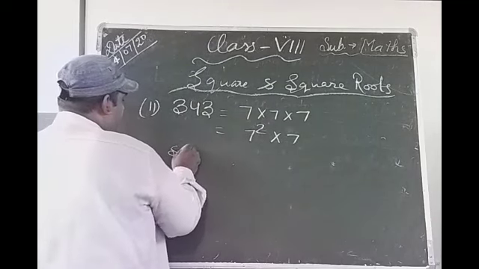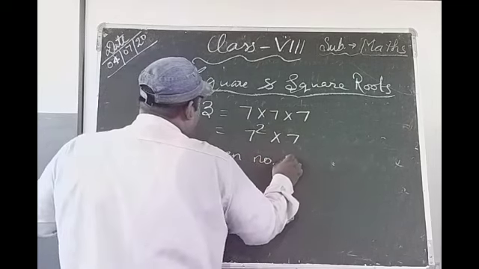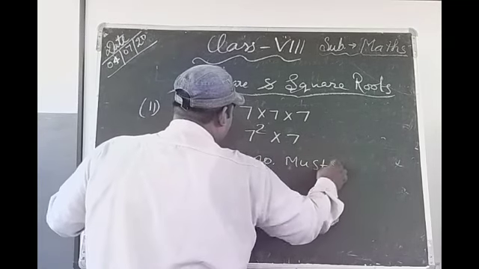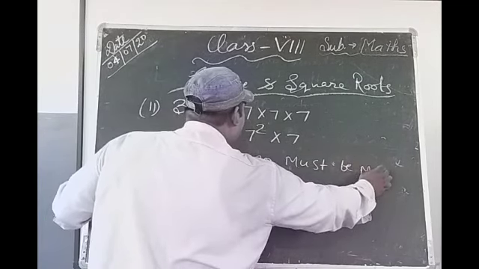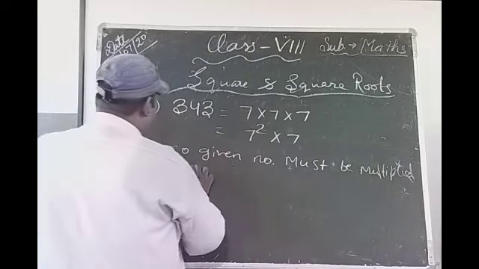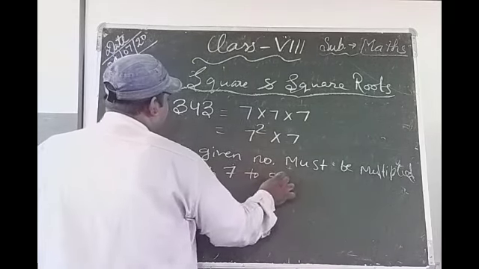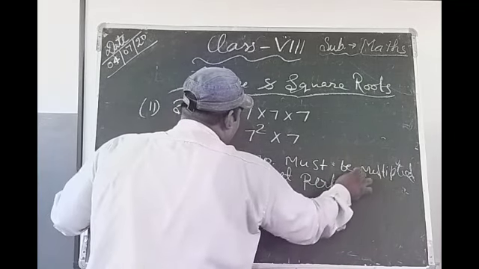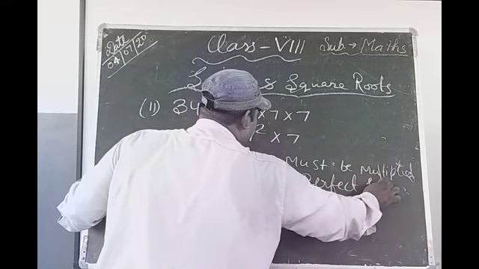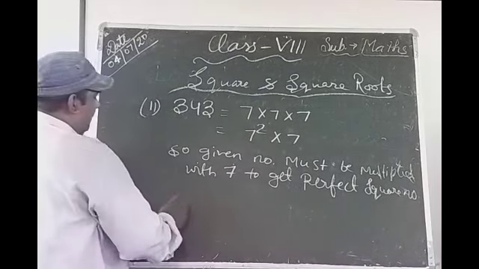So the given number must be multiplied with 7 to get a perfect square number.